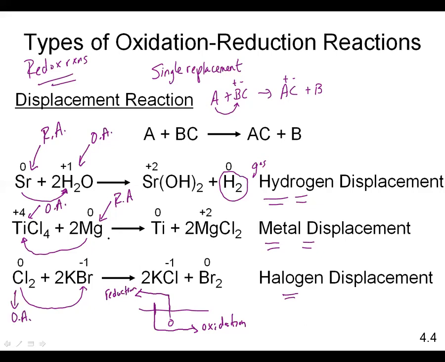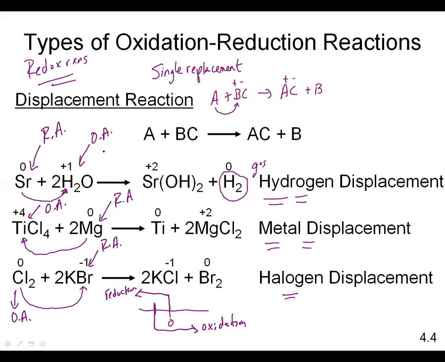The Br minus here would be my reducing agent in that case. So the overall guy, a single replacement, you could get specific about the type of single replacement reaction that's happening, where you could classify it as a hydrogen, metal, or halogen displacement. And again, they're all under the big umbrella of redox reactions.